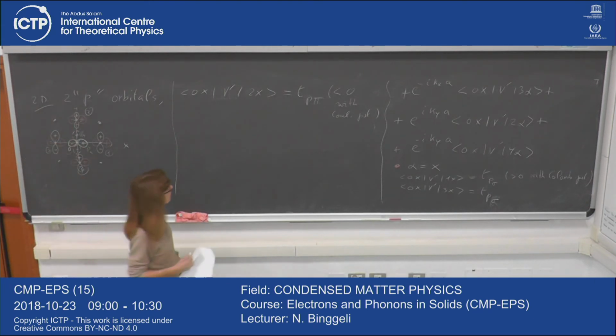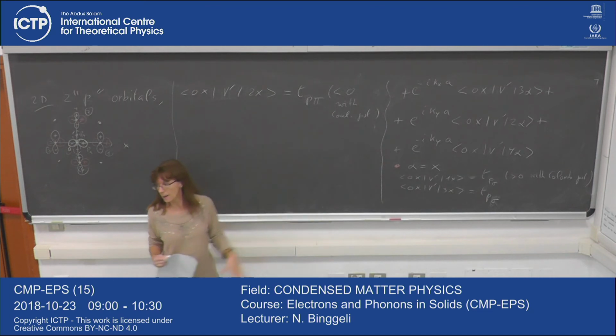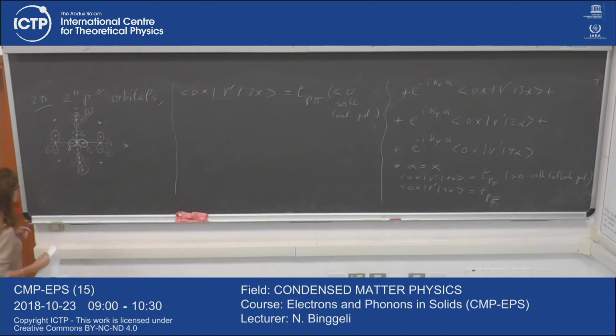So for sure it's going to be another magnitude. I expect it weaker, and I expect it to be negative because I have this times this, which is positive, this times this, which is also positive because they both are negative. So the product is going to be positive, and my crystal field is negative. So I expect something smaller and negative.